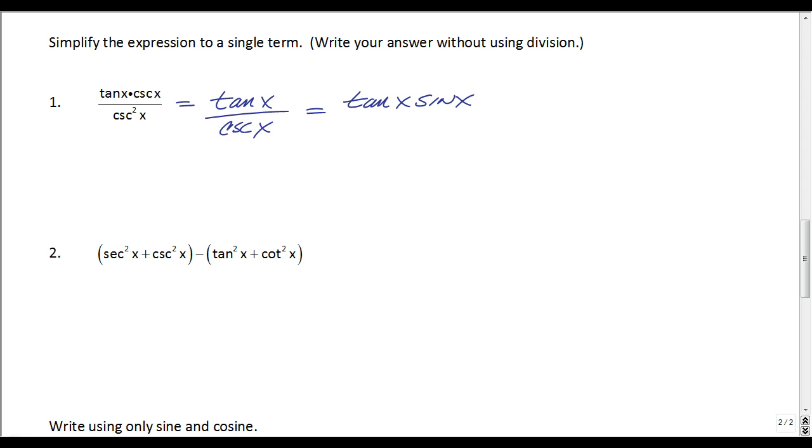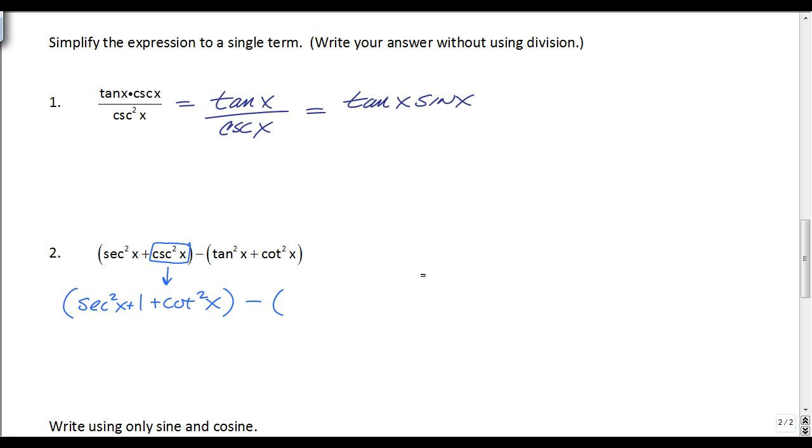So one of the things that you can do is you can use the cosecant squared x, and you can change cosecant squared x to 1 plus cotangent squared x. And then, of course, that's still going to stay with it. So we have secant squared x plus 1 plus cotangent squared x. Okay, so that's all I did so far. Minus.